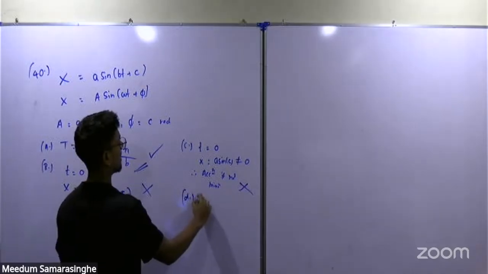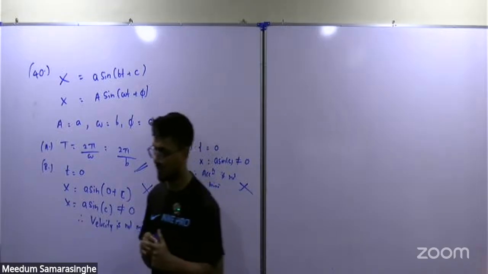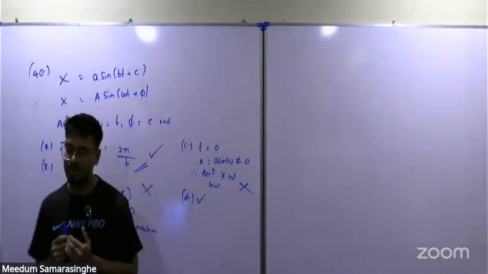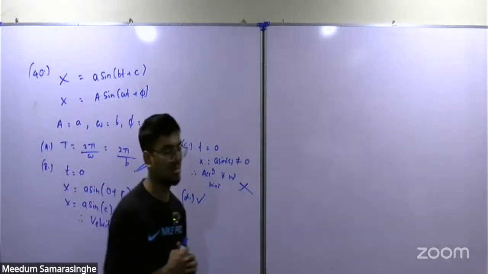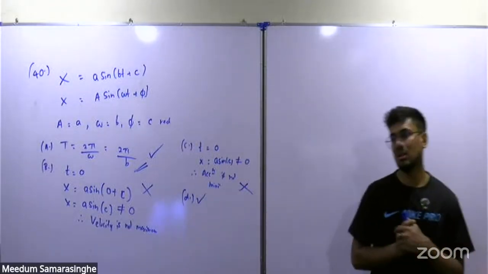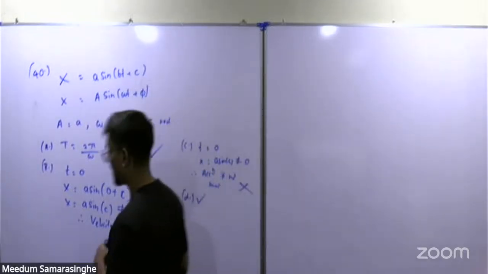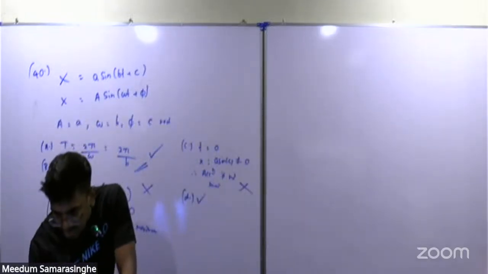Statement D is correct. In statement D, they have given that the energy of the particle is constant. Yeah, we can assume that. If there is no damping, you can assume that the energy of the particle is constant. So A is correct, D is correct. What is the answer there?